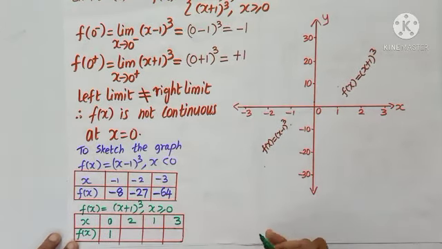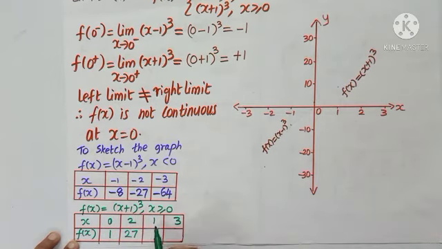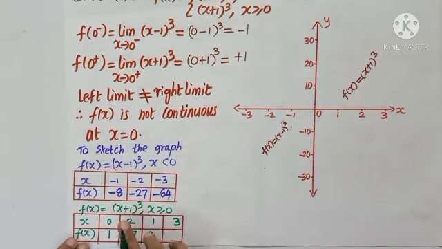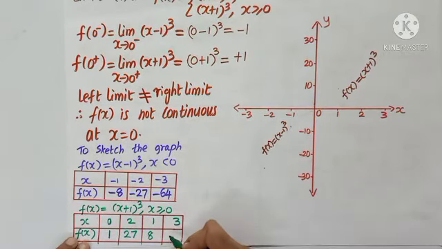When I put 2, 2 plus 1, 3, the whole cube is 27. When I put 1, 1 plus 1, 2, the whole cube is 8. When I put 3, 3 plus 1, 4, the whole cube is 64.